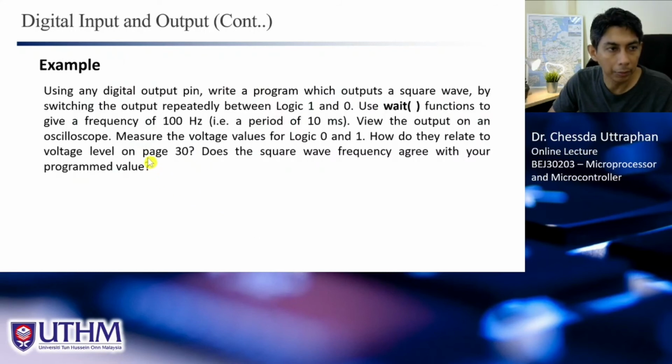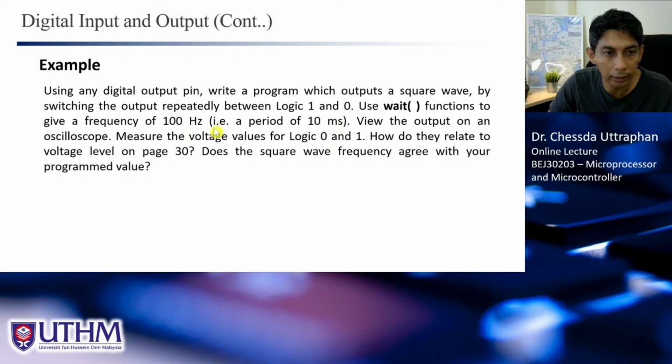So maybe the last example for today. Now using any digital output pin, write a program which outputs a square wave by switching the output repeatedly between logic 1 and 0 using a wait function to give a frequency of 100 Hz, period of 10 millisecond, right?